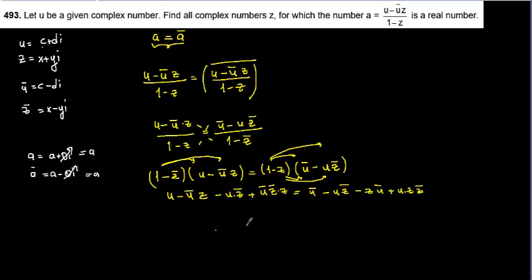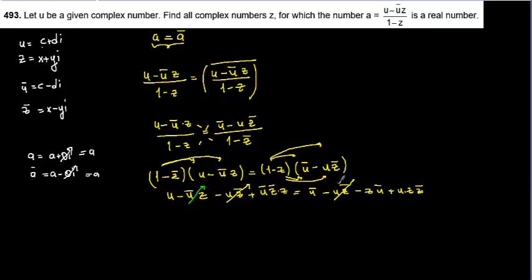Then I'm going to get this side. On both sides of the equation we have addition and subtraction, and these values are the same, so I'm going to simplify them. I'm going to cancel this term and u conjugate, these have the same values, that's why I'm going to simplify them.